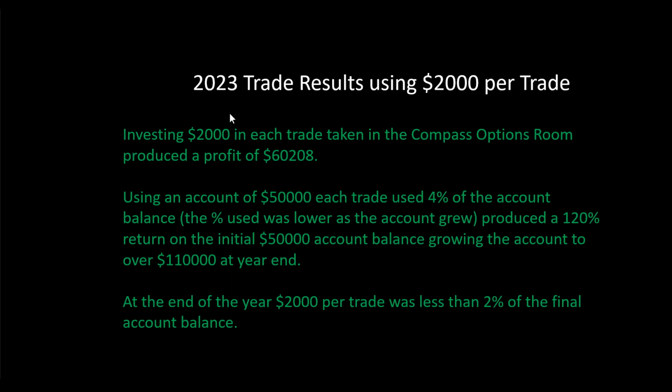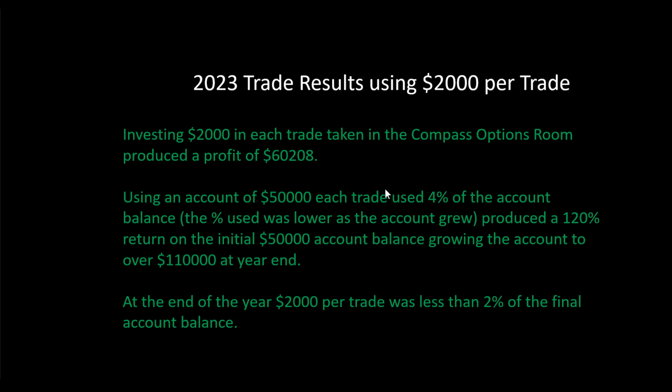What we did, I want to just recap, because I'm just going over the results here before we get into the details. This was our 2023 trade results in the room, using $2,000 per trade. Investing $2,000 in each trade produced a profit of a little over $60,000 for the year, using an account of $50,000, and I just use this as a baseline to give something to go by.